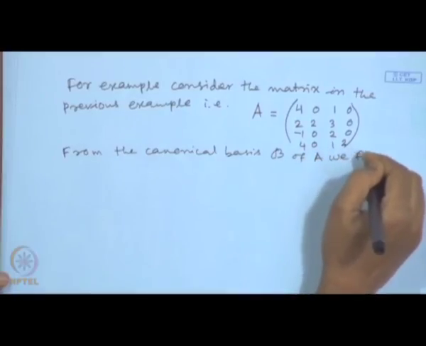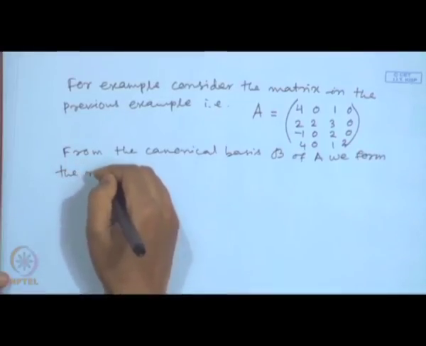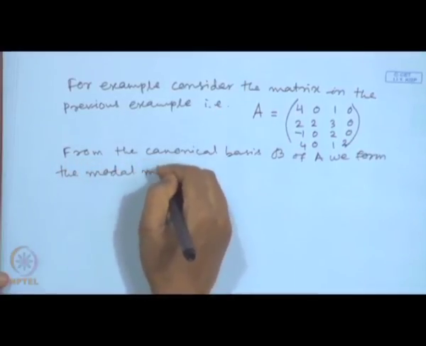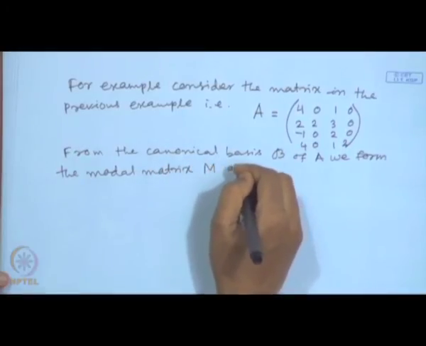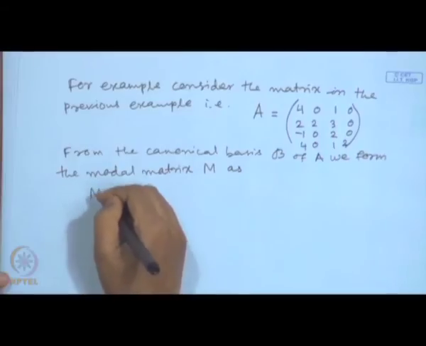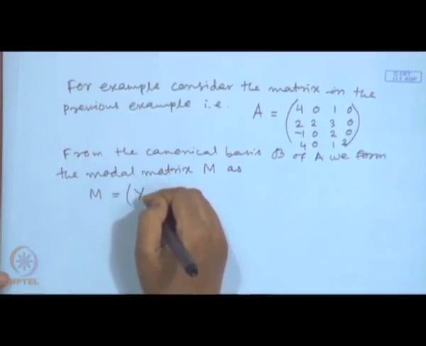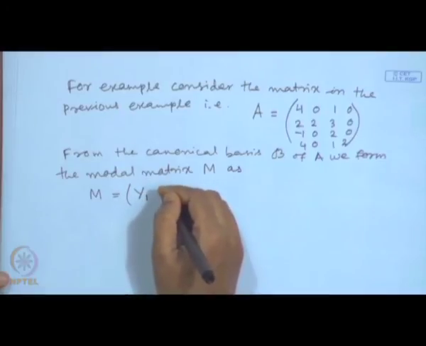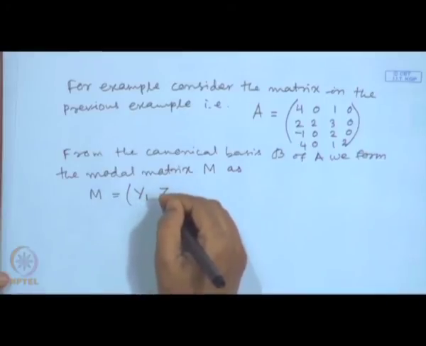We form the modal matrix M as follows. M consists of y1, because this chain consists of only one vector, that is y1.